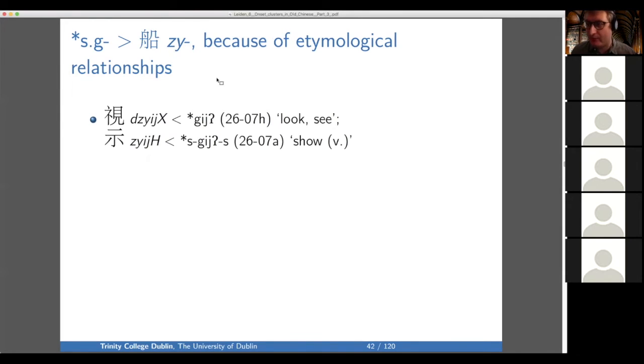we've already looked at this example, but the point here is that this relationship between look, see, and show argues for this sound change of S, G to J in type B syllables, and I believe only before front vowels.